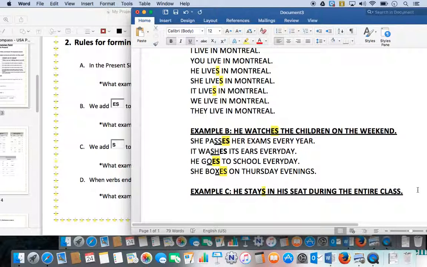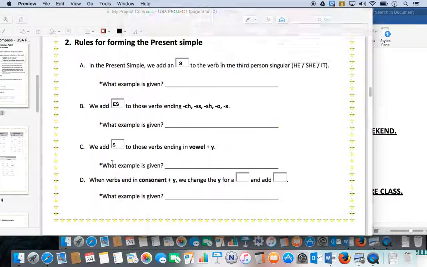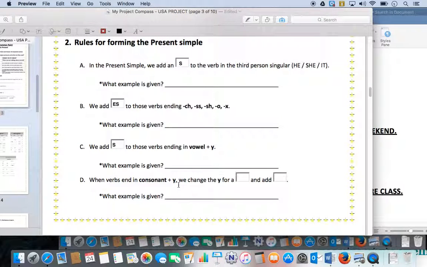Okay, good. Then we go down to our final one here. So we have it said when verbs end in consonant plus Y, then we change Y for an I. Okay, we'll just maybe do a small I here so it's more clear. And you add ES.